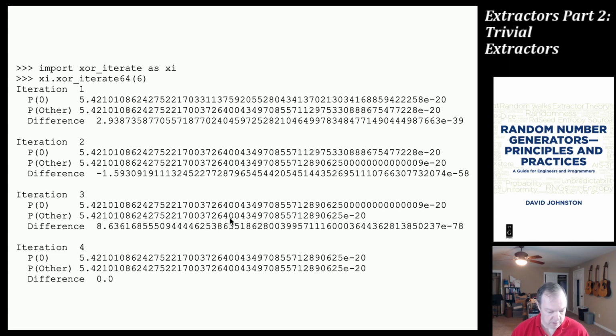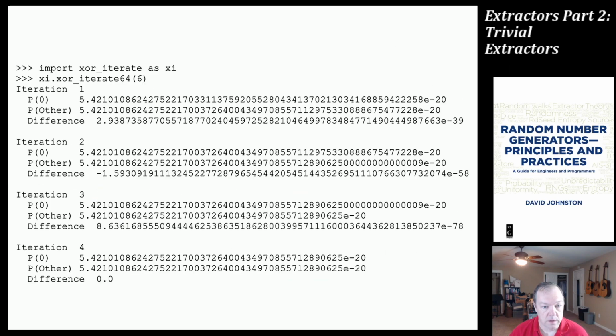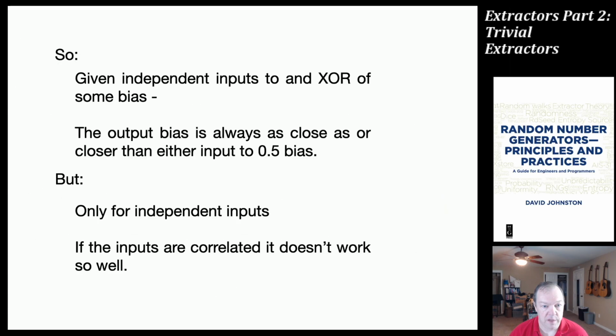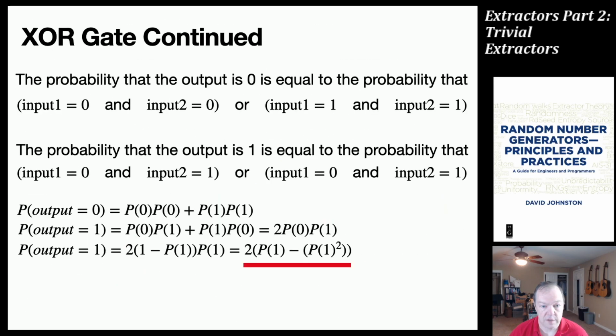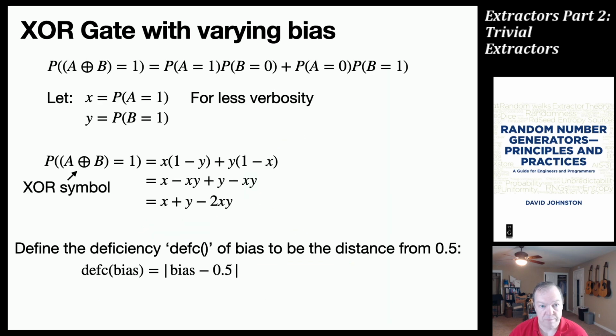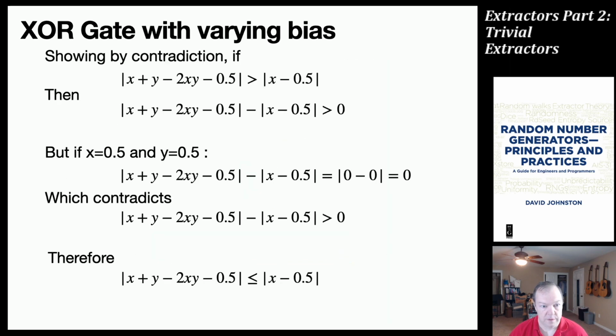That's the end of the talk. We've looked at the XOR gate and seen that it is something that improves entropy relative to the input. We've proven here that the output bias is always better than the better bias of the 2 inputs, even when those inputs have different bias.